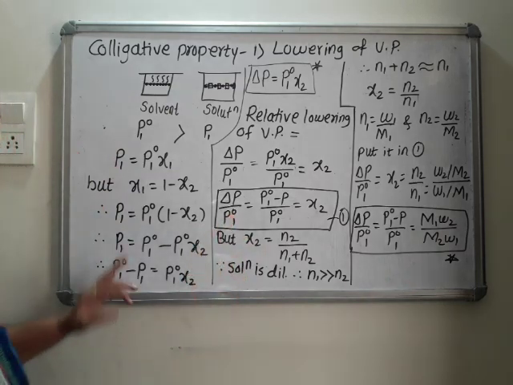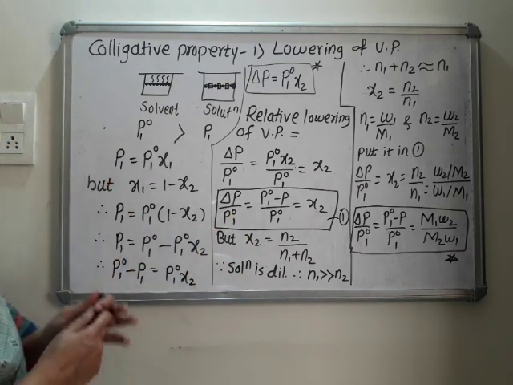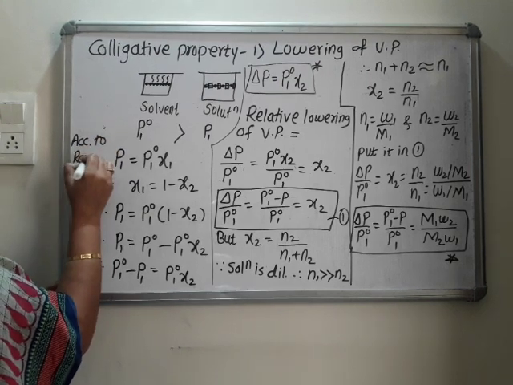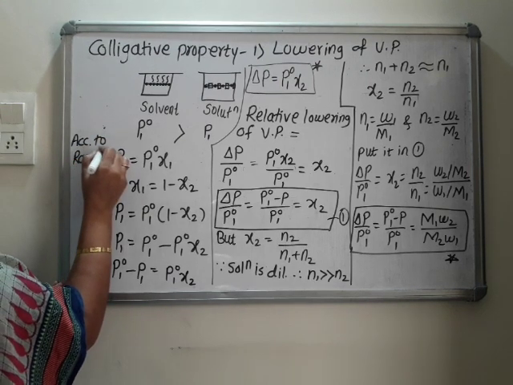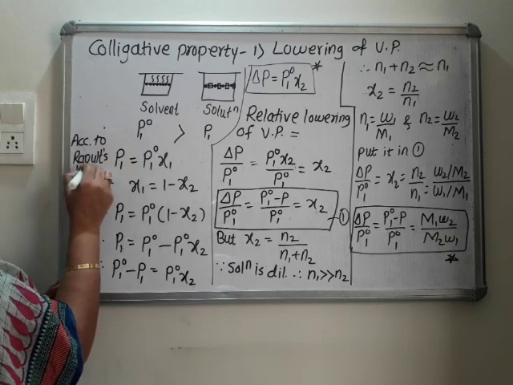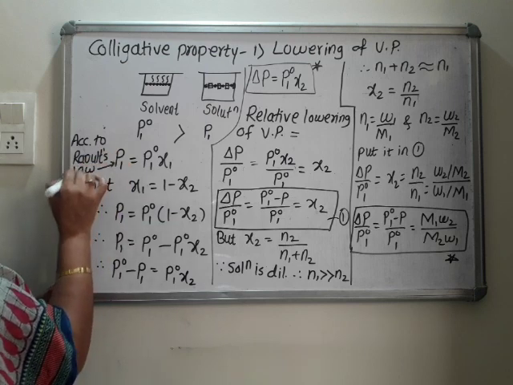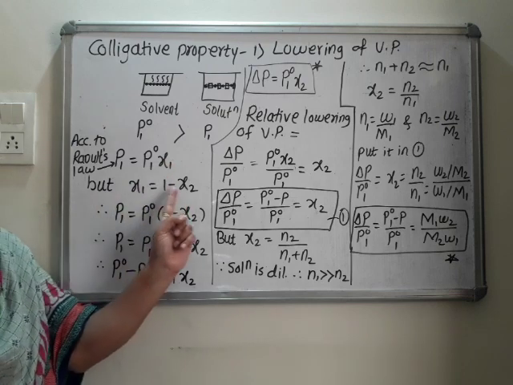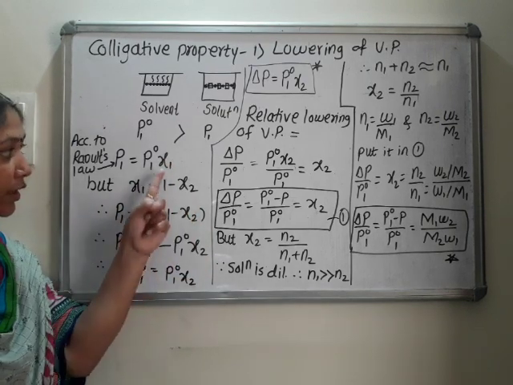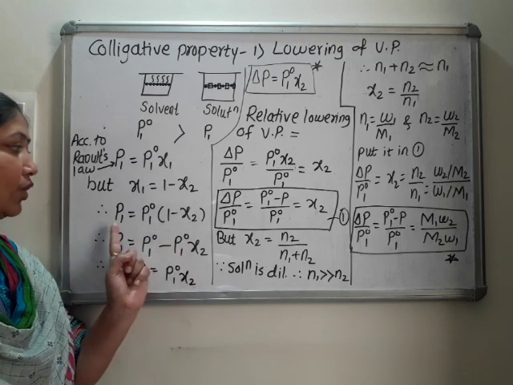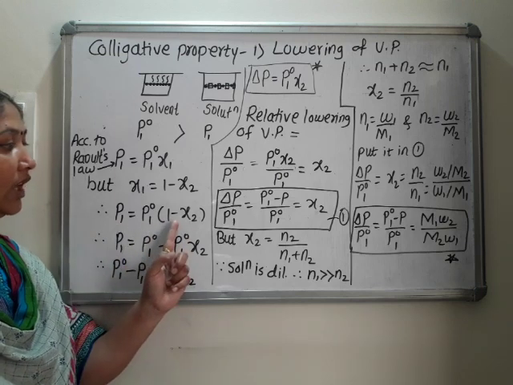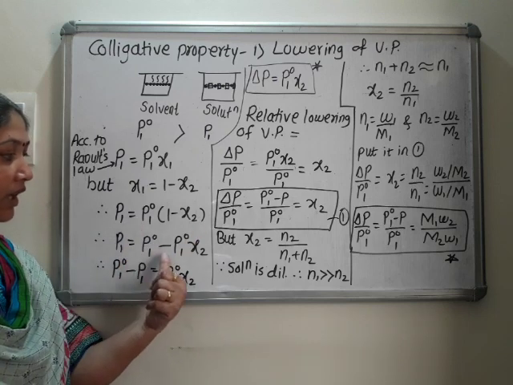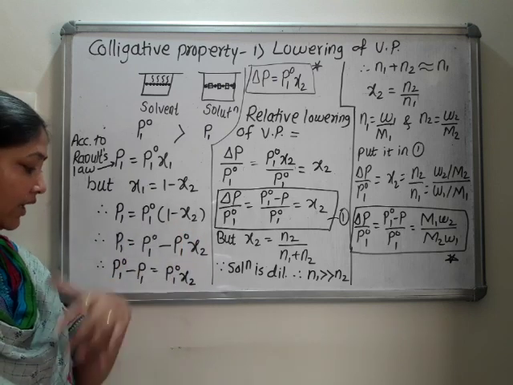See one more time. According to Raoult's law, what is the equation? P1 is equal to P01 X1, but X1 is 1 minus X2. So replace X1 by 1 minus X2. We get P1 is equal to P01 into 1 minus X2. Open the bracket, P01 minus P01 X2.